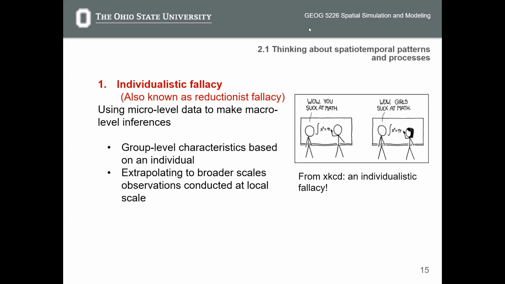On the left side, this comic is kind of sexist. We have an instructor on the left, and a student on the right who is a boy, and this boy is not good at statistics or mathematics. The instructor said, whoa, you suck at math. Okay, it's fine, it's all right.